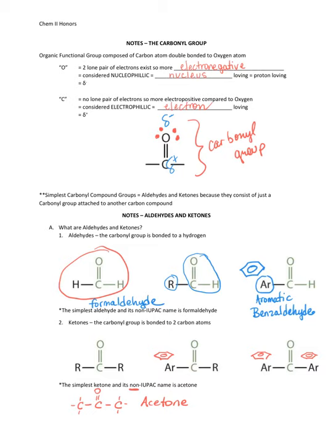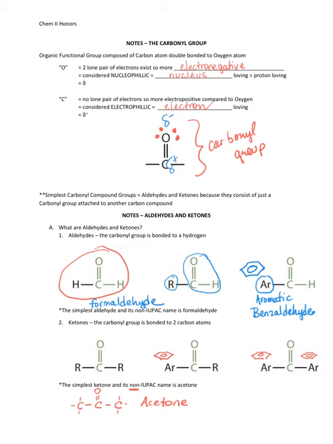So let's go ahead and practice these. Let's look at this first example. Let's break this down. In the first one, since our carbonyl group is on the end, I know I'm dealing with an aldehyde. We have 1, 2, 3, 4, 5, so we're dealing with pentane.